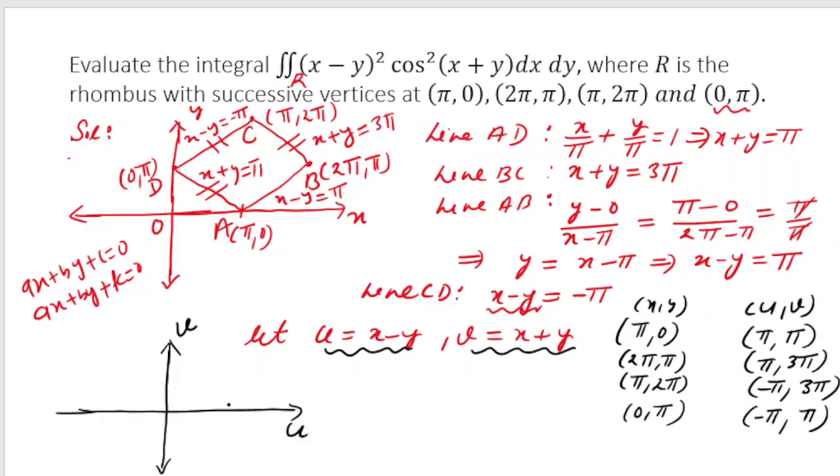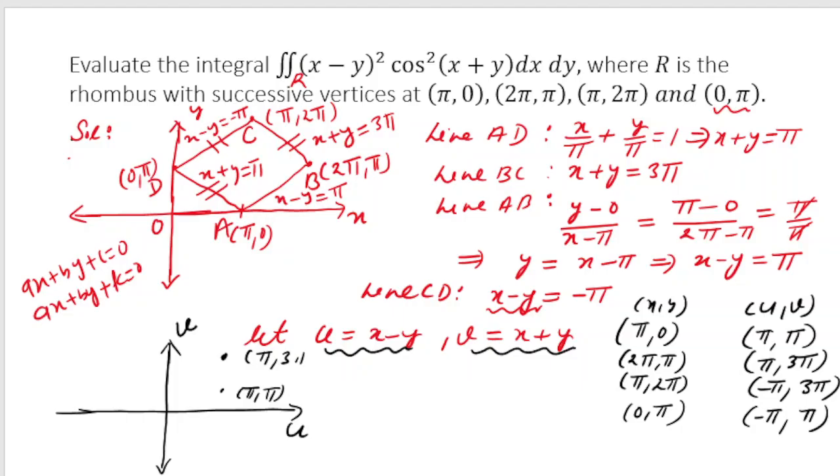The first point we have got is pi comma pi. Let me call this point here pi comma pi, somewhere over here. Then the next point is pi comma 3 pi. We have to draw a bigger figure, let me adjust it in this only, because otherwise it will be slightly difficult. You should not be worried about the scale, because it is just a rough sketch.